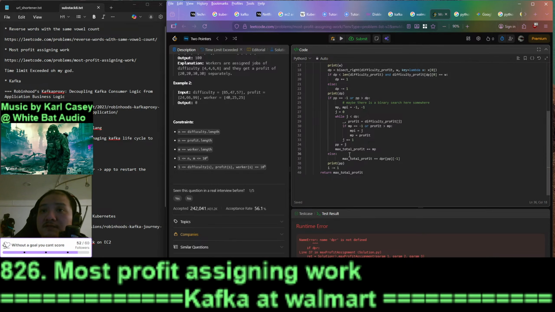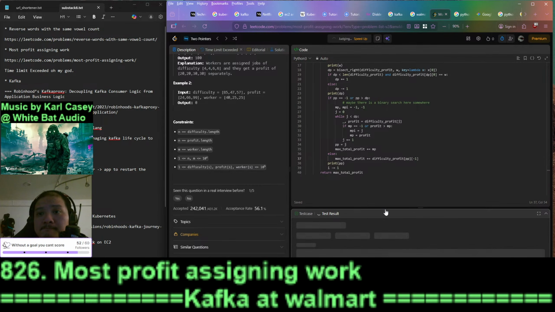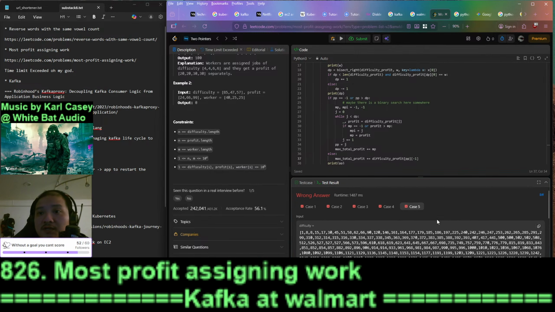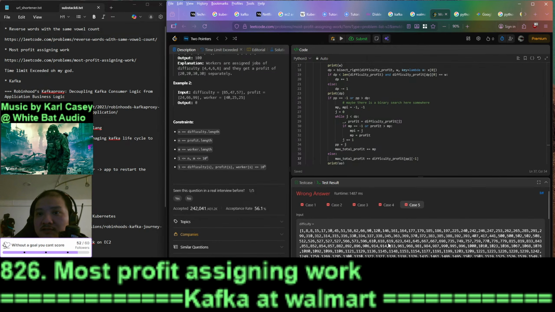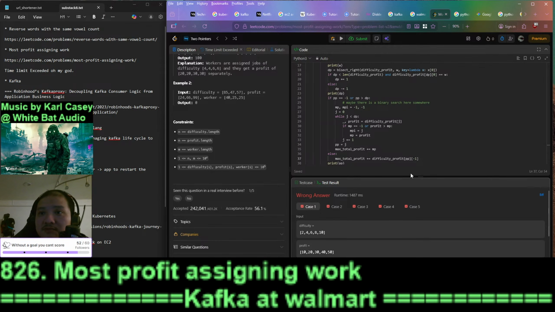Otherwise max profit just gonna be difficulty profit up PP minus 1, right? Oh, okay. So at least this case is not entirely time out, but what happened here?